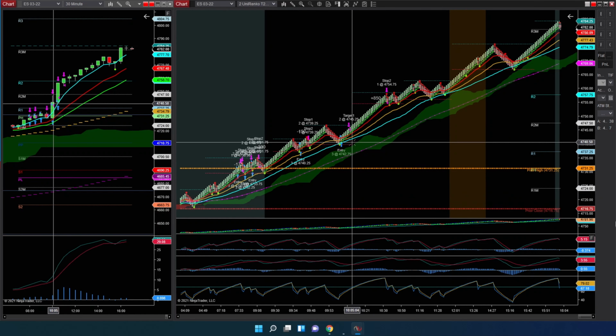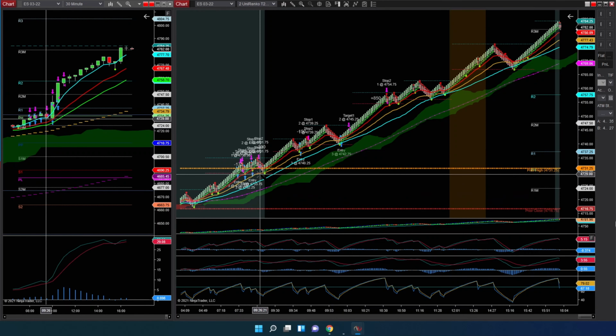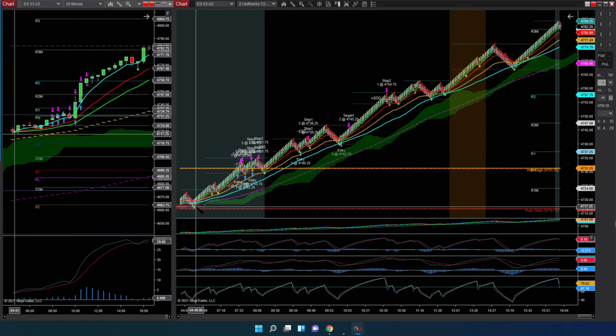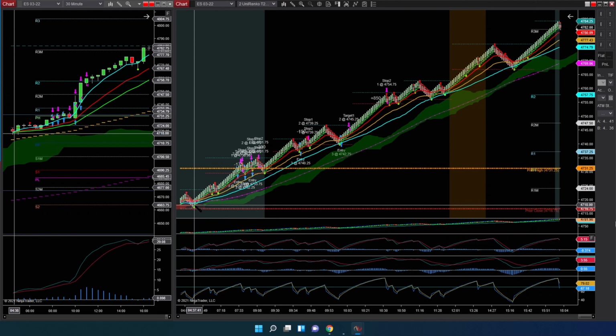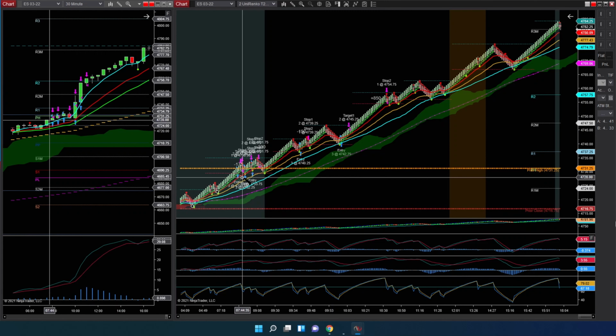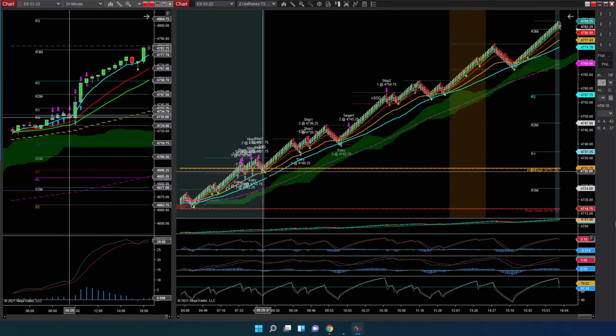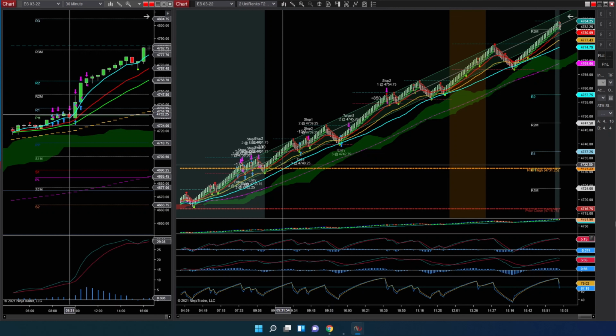So let's paint this channel here, which is the one I was using while I was trading. Let's take that one, probably with that pivot right here, and then this one here.